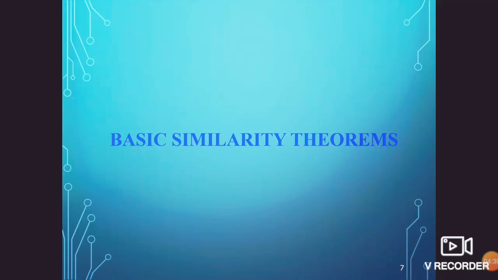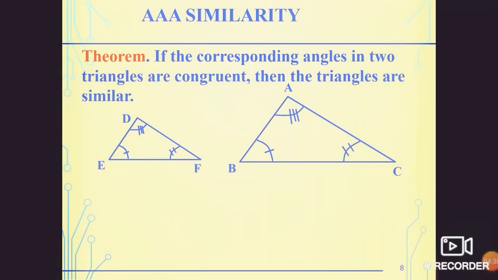Now we will go through few of the theorems to prove similarity of triangles. The first one is AAA similarity.